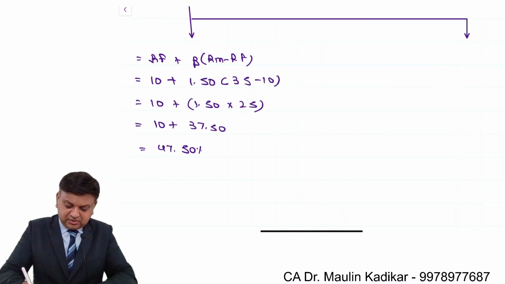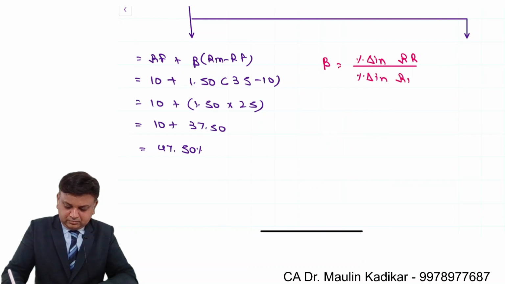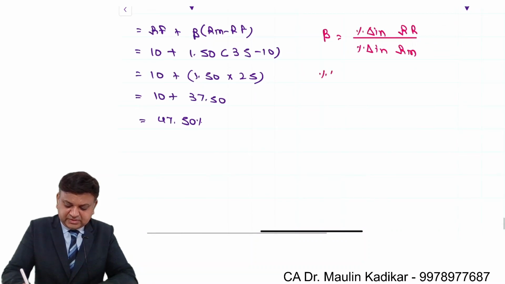The other way: beta measures the percentage change in required rate of return divided by the percentage change in RM. So the percentage change in required rate of return is beta into percentage change in RM.